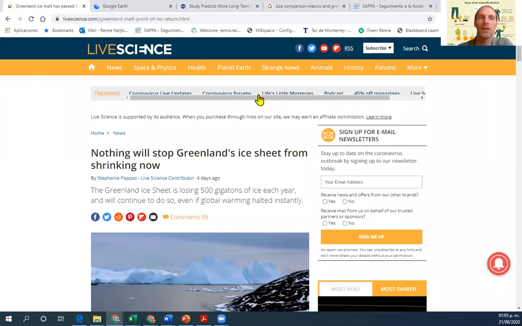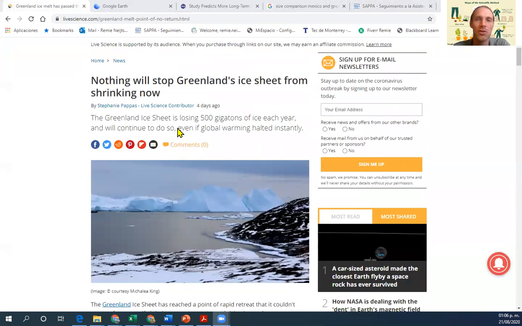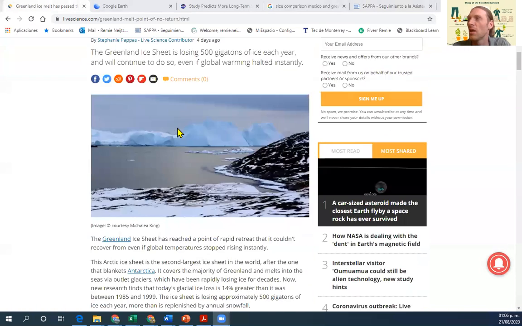There was an article about Greenland, saying that the Greenland ice sheet has passed the tipping point and we are now at a point of no return. So the ice of Greenland is melting, and if all this ice keeps on melting, which is inevitable right now, then we can expect in the coming years sea level rise between 2 and 7 meters.